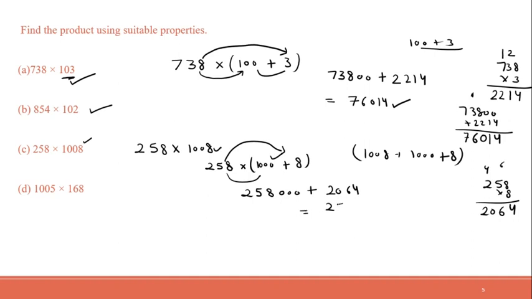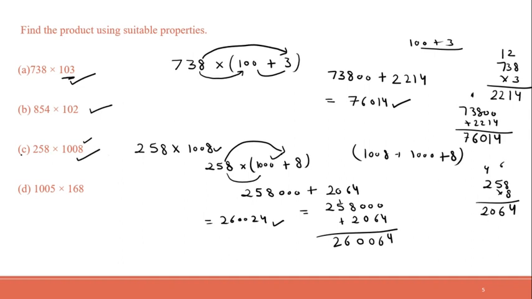Now add these two. 258000 plus 2064. 4 plus 0, 4. 6 plus 0, 6. 0 plus 0, 0. 8 plus 2, 10. 0 here, 1 extra. 5 plus 1, 6. And this 2. So the answer will be 260024.